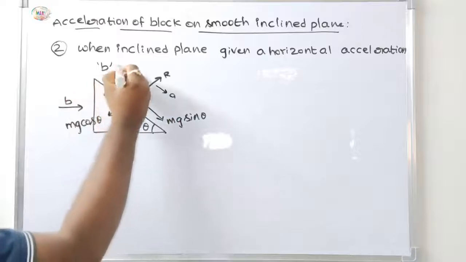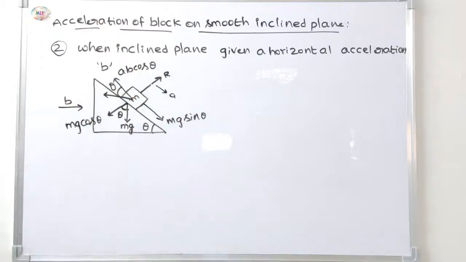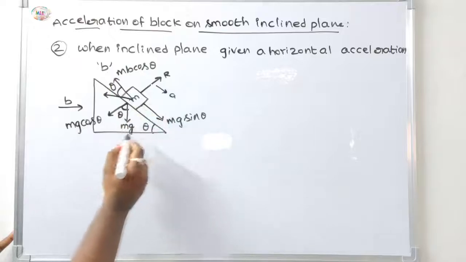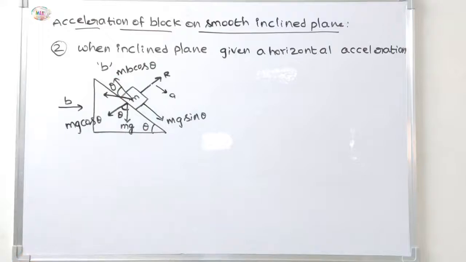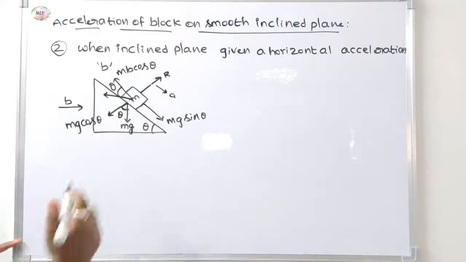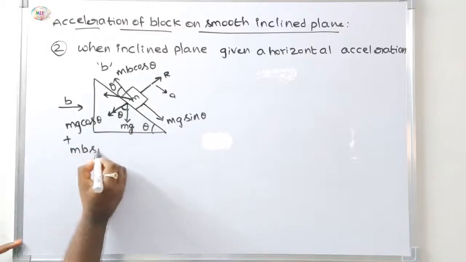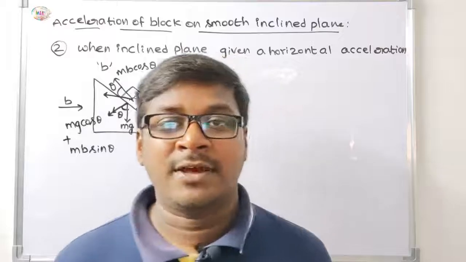The horizontal component is mb cos theta, and the vertical component is mb sin theta, where m is the mass of the block. In this way, mg sin theta plus mb sin theta is acting. Then first find the normal reaction, or reaction force.